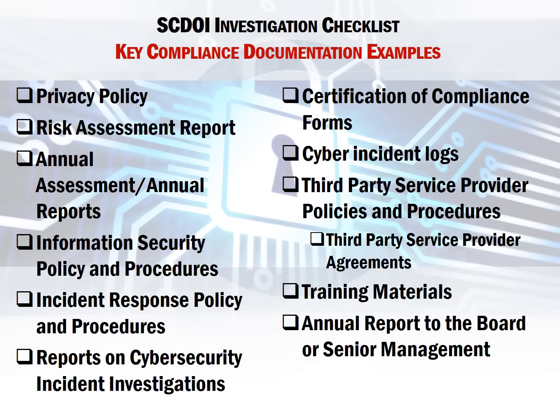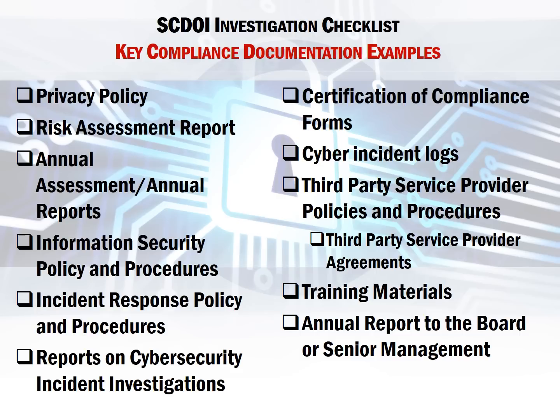So if the South Carolina Department of Insurance is investigating a violation of a law involving ABC licensee, when we go into ABC licensee's business, we're going to be looking for these documents, and we're going to request these documents to determine compliance with the South Carolina Information Security Act.